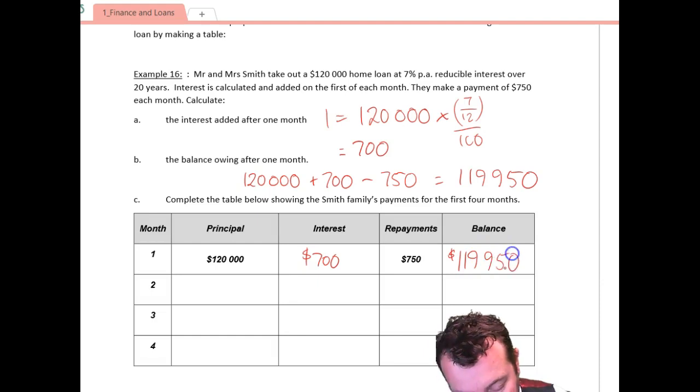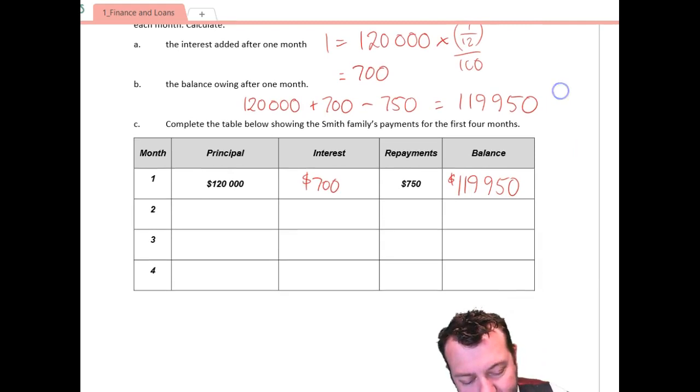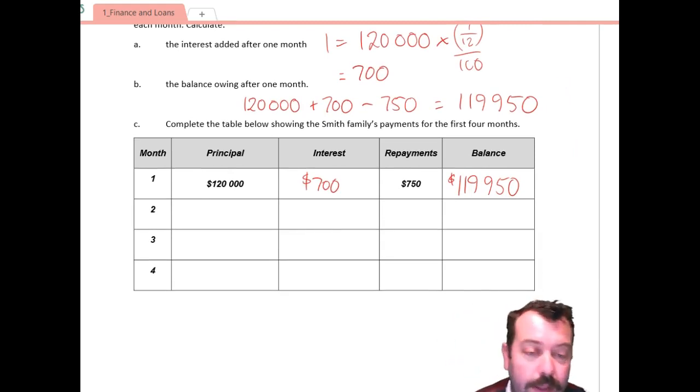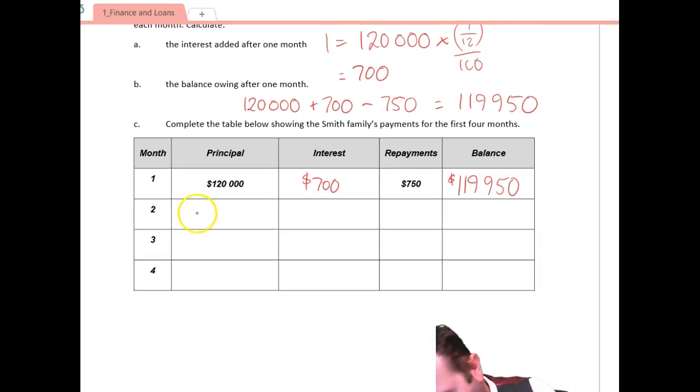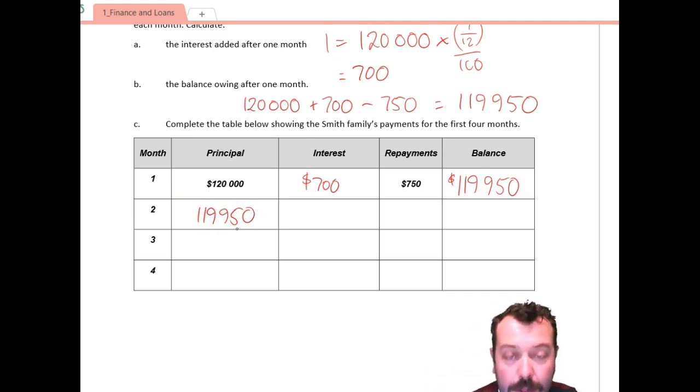Now it says to complete the table. So the balance at the beginning of the second month is not $120,000. I now only owe $119,950 at the beginning of the second month.